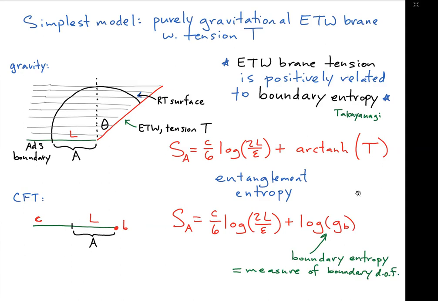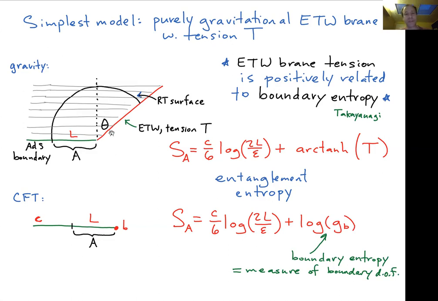Sorry, Mark. It looks like from your diagram that the T going to infinity limit gives you all of AdS space. Is that right? Yeah. In this case, this parameter T is actually T going to 1 in this way of parameterizing things.